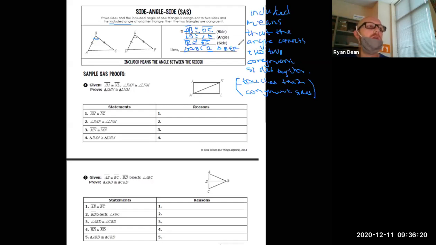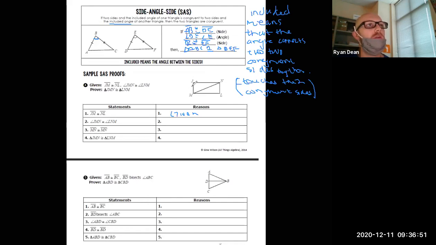In our proofs, we're looking for something similar to this, where we have two pairs of congruent sides that are connected by an angle in the middle of the two. Down here in this example, the first thing they give to us is that JM is congruent to NL. So we can fill that reason in with the word given. While we do this, go ahead and place your hash marks down.